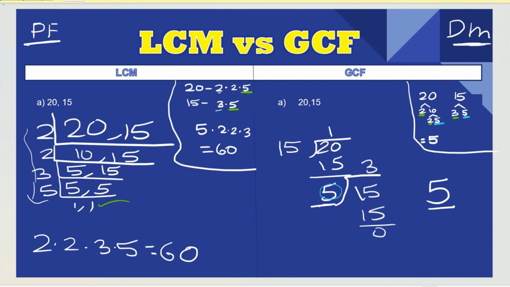Then 15 would be the answer. But no, we got 5, so it's not. And so the answer is 5 here. So again, proof, prime factorization and the division method do work.